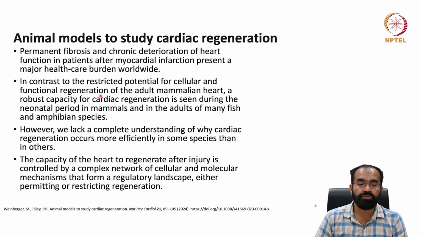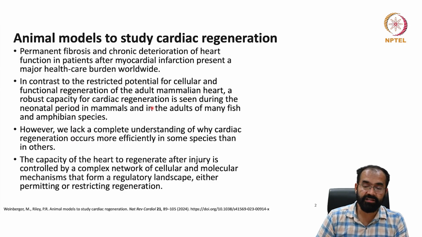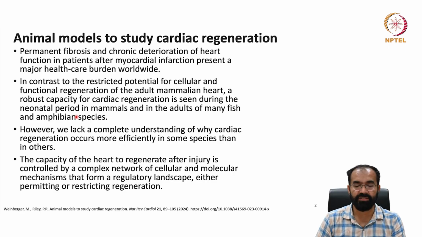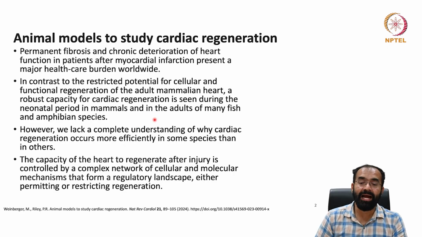In contrast to the restricted potential for cellular and functional regeneration of the adult mammalian heart, a robust capacity of cardiac regeneration is seen during the neonatal period in mammals. Neonatal means soon after birth, a very early stage of the organism's lifespan, and also in the adults of many fish and amphibian species.